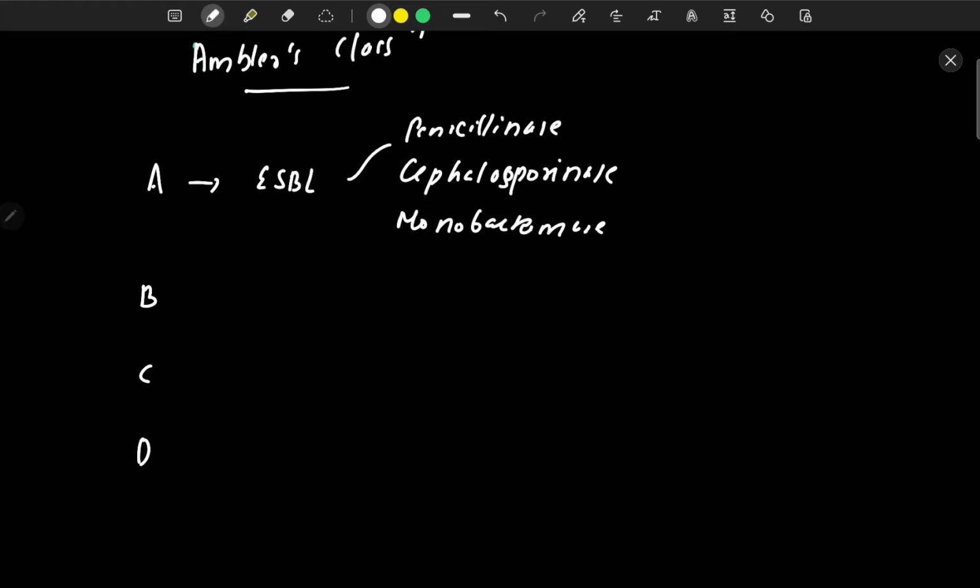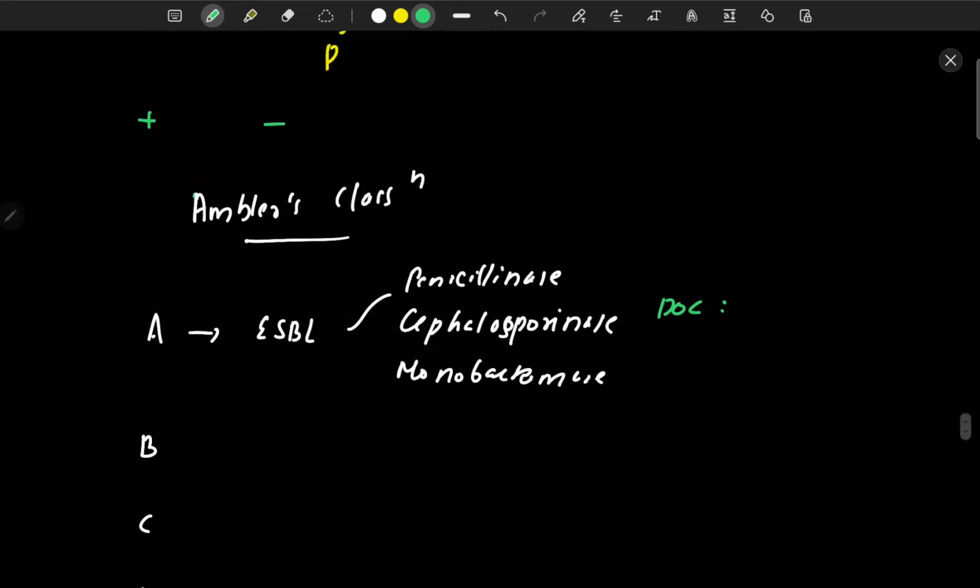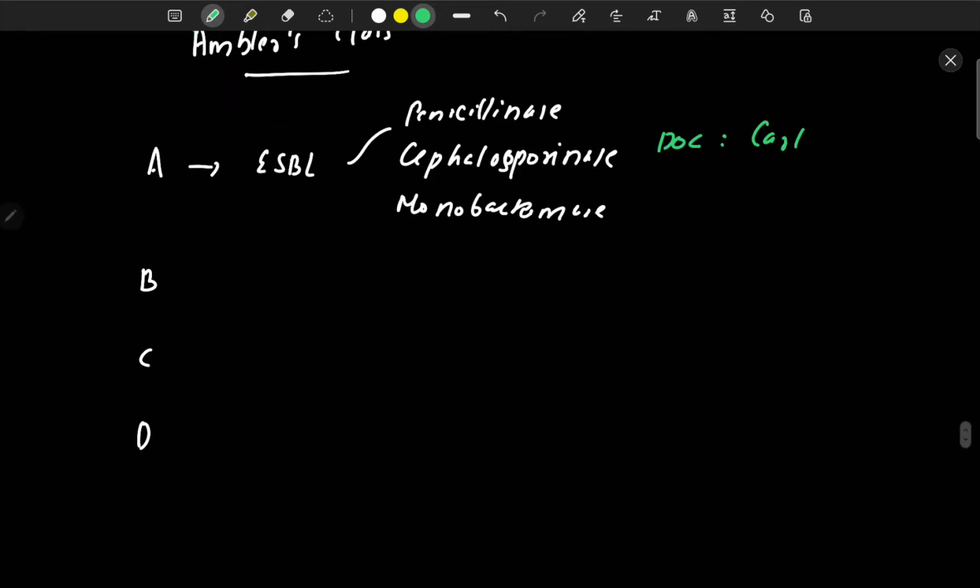Here the drug of choice that we can use is carbapenem, because the enzyme to degrade the carbapenem is not produced in this group. So carbapenem is the drug of choice.